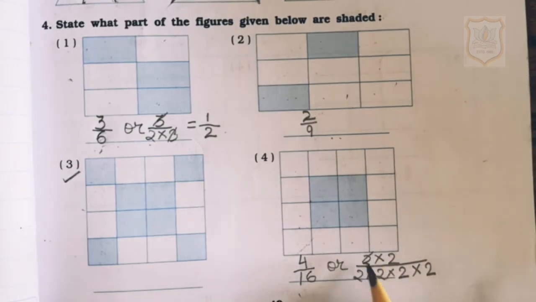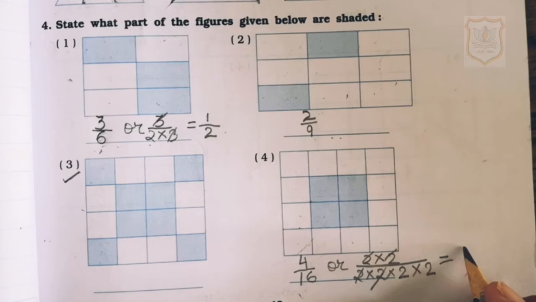Now we will cut this 2 from above the line and below the line, and this 2 from above the line and below the line. Now in the numerator no number is there, so we will write 1, and in the denominator we will write 2 2s are 4. The remaining numbers we have to multiply and write down as the denominator. So the fraction form of this figure is 1 by 4.